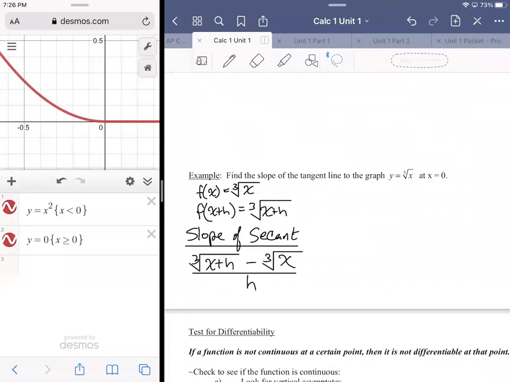Just the way the app works, I kind of need to write towards the bottom of the screen just to make things easier. And if it works out, it works out, but sometimes I have to do that, then scroll up after the fact. But yeah, so this is going to be the setup for what we would need to do in order to find the slope of the tangent line. All right.